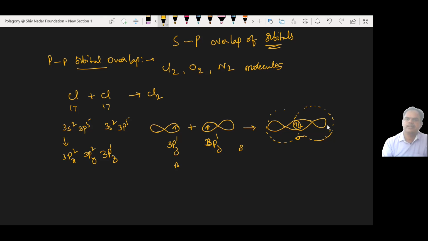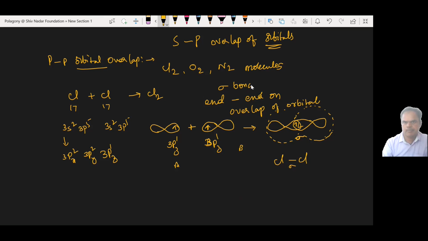Between the two chlorine atoms, a sigma bond is formed, and this sigma bond is due to end-on overlap of orbitals, which is a stronger bond.